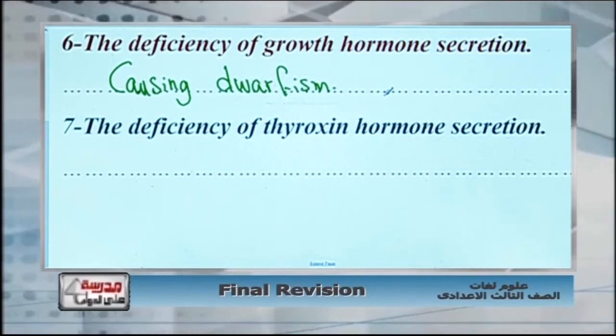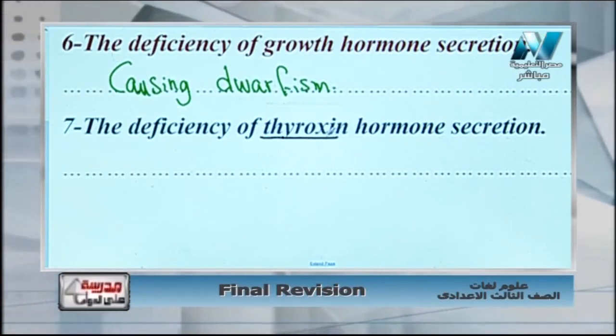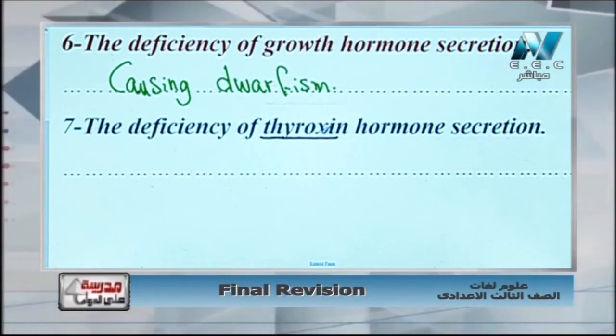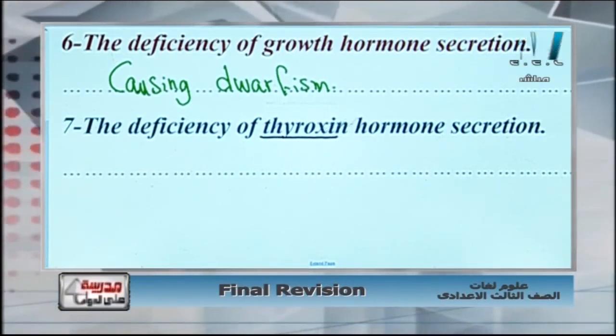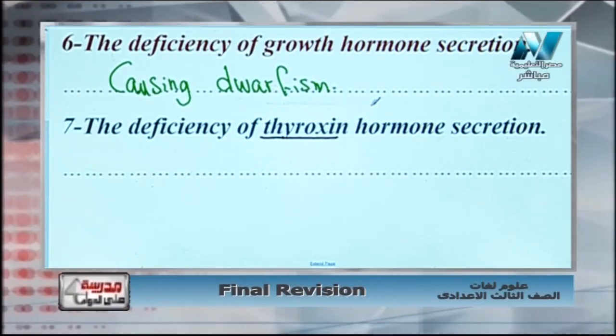Deficiency of thyroxine hormone. طبعا we know thyroxine hormone from the thyroid gland on the two sides of trachea in the neck. في الرقبة اللي هي الغدة اللي هي موجودة في الرقبة. يبقى deficiency يعني نقص of thyroxine hormone secretion.